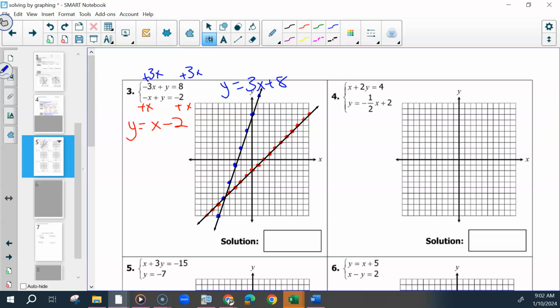Where do those two lines cross? -5, -7. Are there any others on this page we want to see, go over, or have questions about?